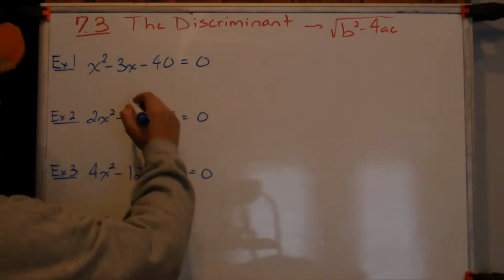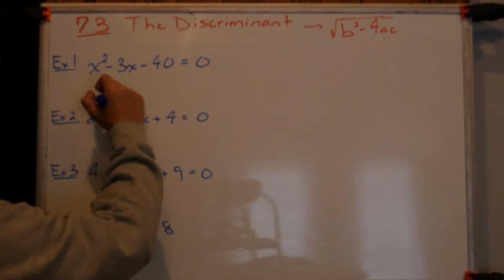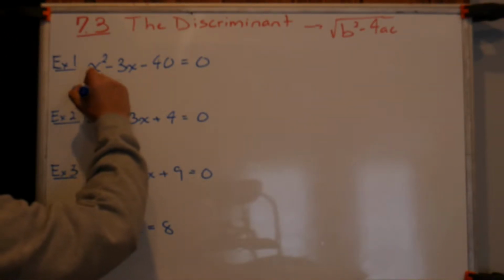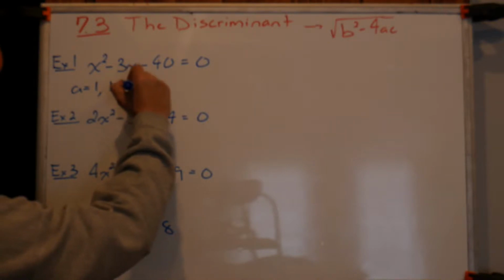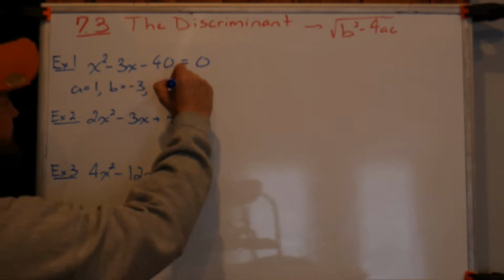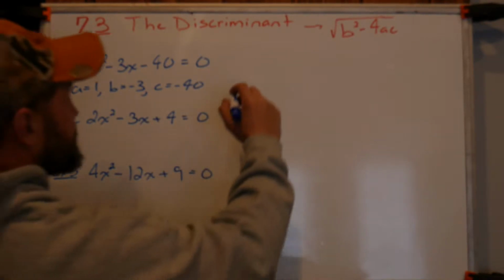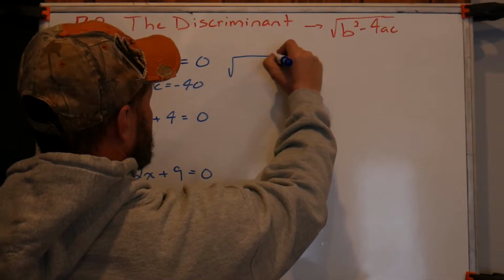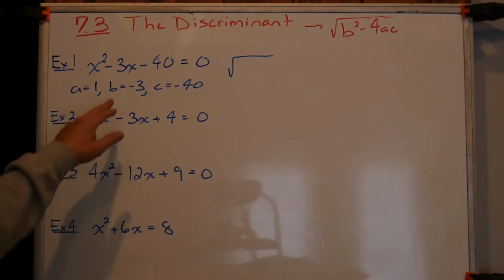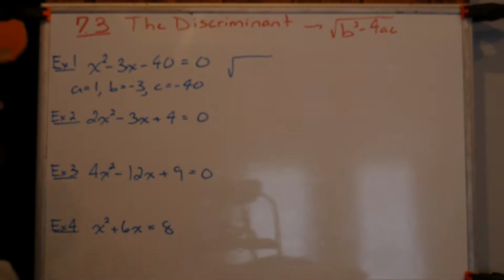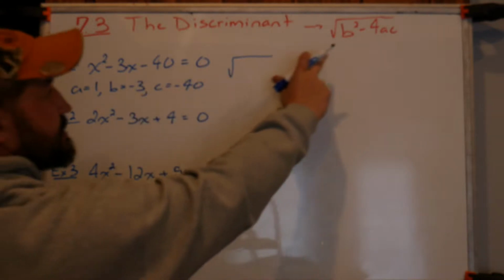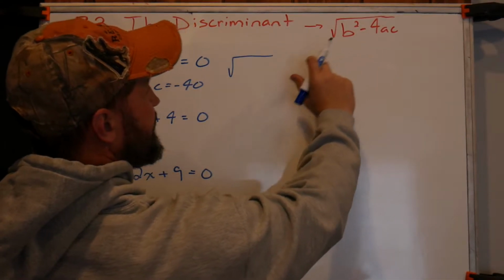So, what we have is, with this piece, our A is 1, our B is -3, and our C is -40. So we have the square root of B squared, so it doesn't matter if it's a negative, we're squaring it. We're only focused on this piece now.